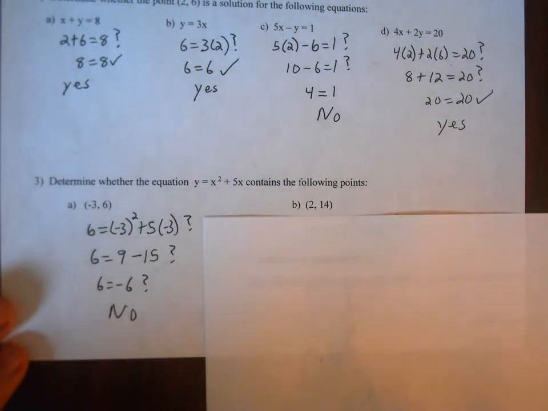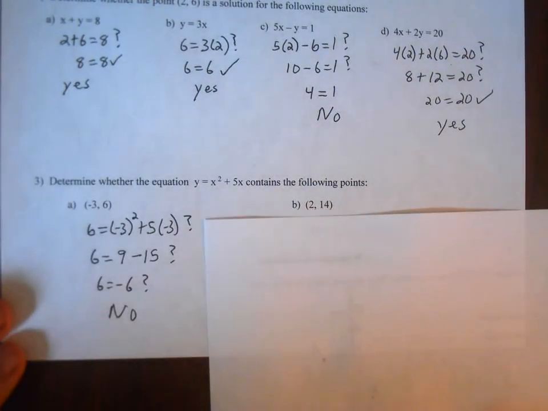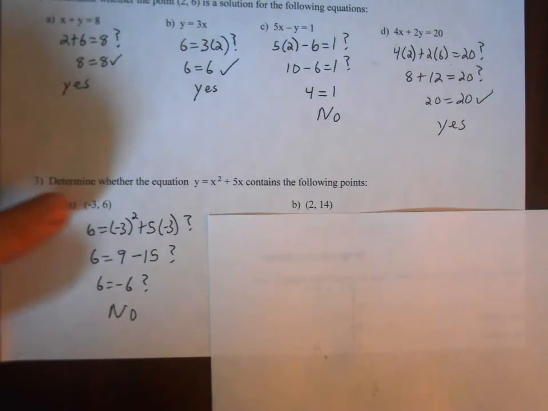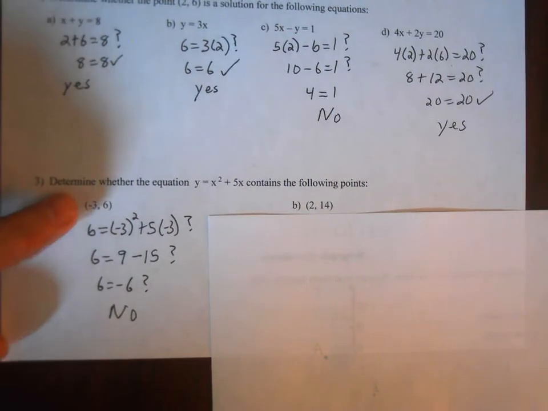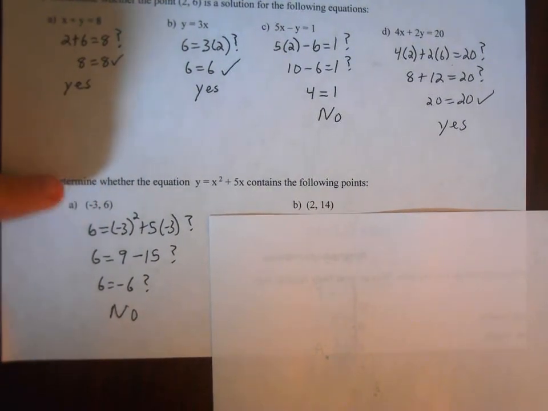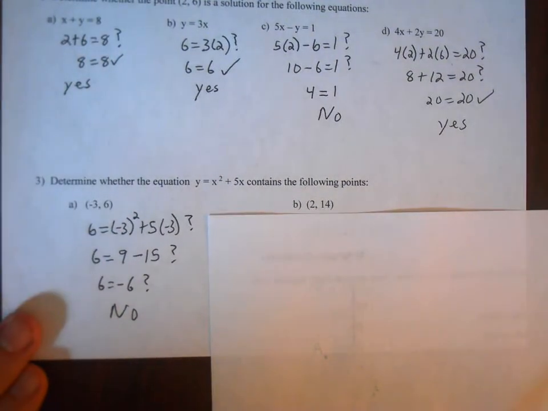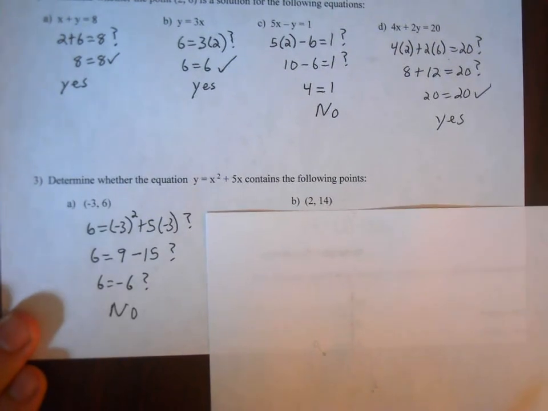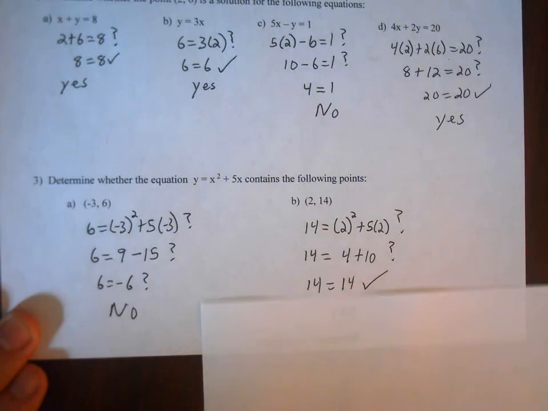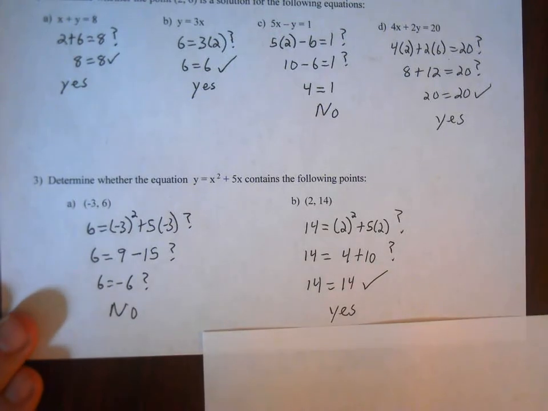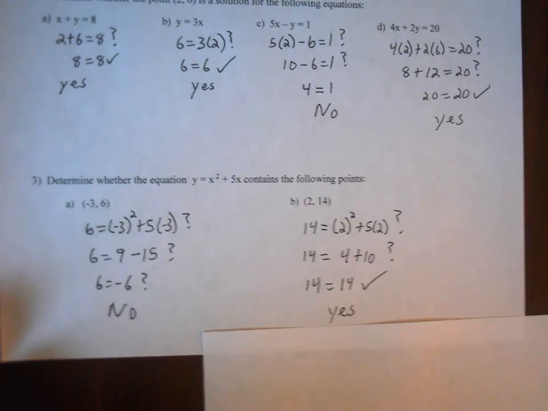Well, when you do that arithmetic, 6 does not equal negative 6. So that point, (-3, 6), is not on that equation. And then for (2, 14), substitute those values in. Take a minute and do that, and I'm just going to show the answer. It turns out that that is a solution for that equation.